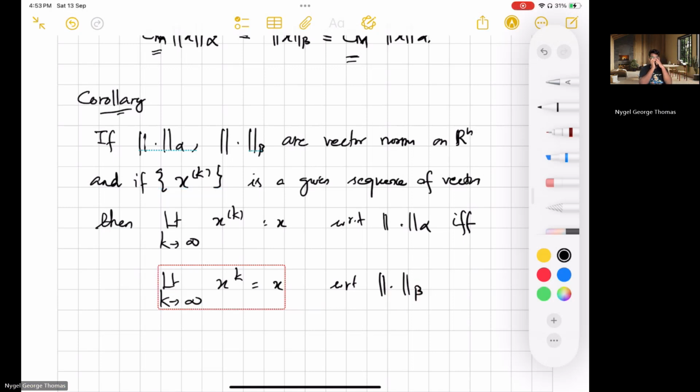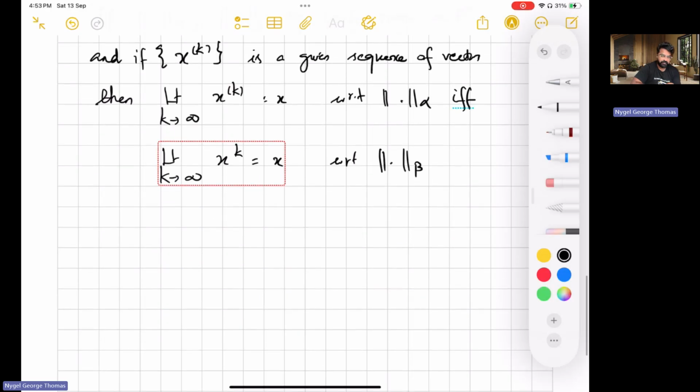So the choice of the norms does not matter. The sequence always converges to the point x, whether it's the alpha norm or the beta norm.